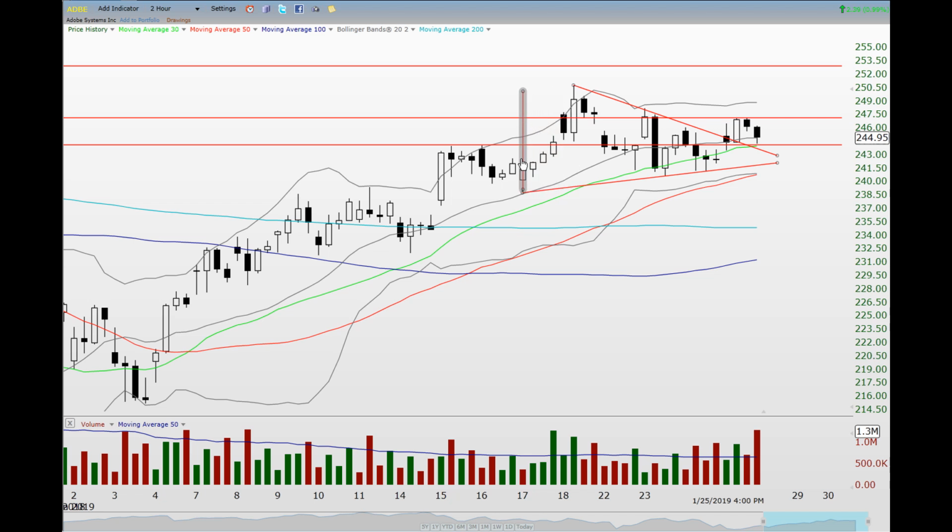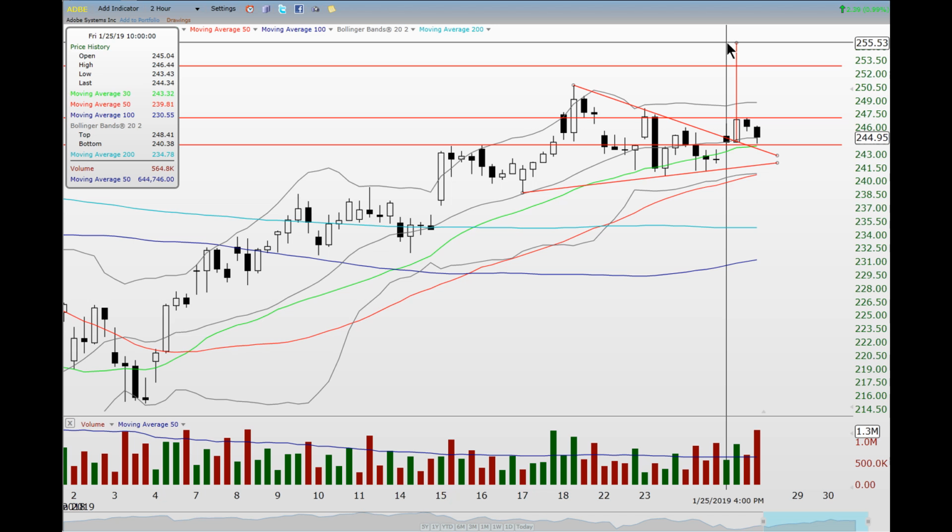You can measure here because the triangle is not extended. Now this makes it a triangle. You've got to measure right here, and then you put that at the breakout point. So the triangle theory is that when it breaks out, it will likely go up to this level, which is 255.53, and our target is well before that.